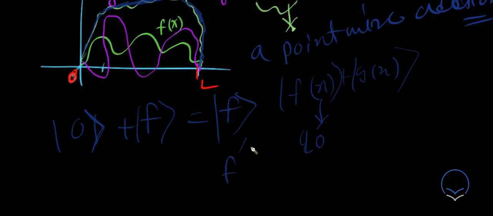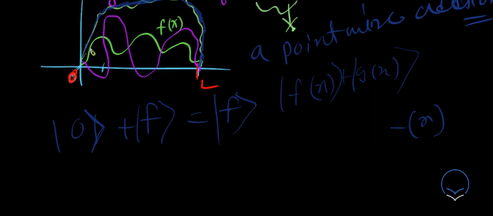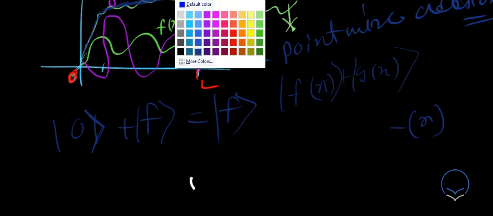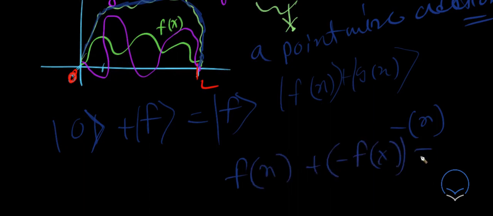That is the function, let's call it f tilde, and this is always 0. This is the additive identity, and the inverse is just minus f of x, so that f of x plus minus f of x is equal to 0.